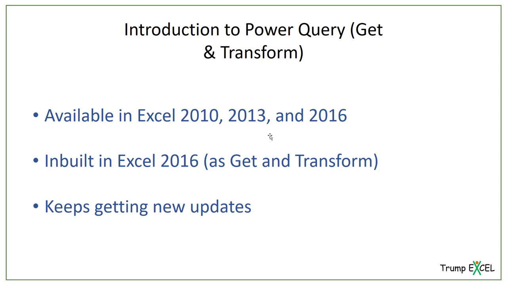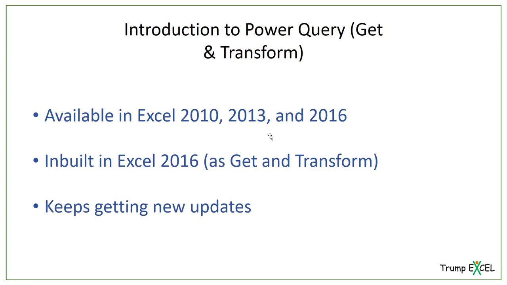Now, Power Query is still an evolving tool or an evolving add-in, and Microsoft often releases new updates and new functionalities to it. So they would get the feedback from the users, and if they feel that there is something that can be improved or a new functionality that can be introduced, then they keep on introducing it.